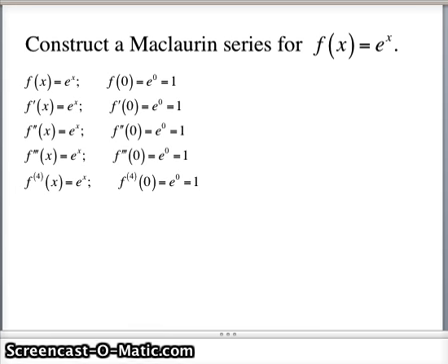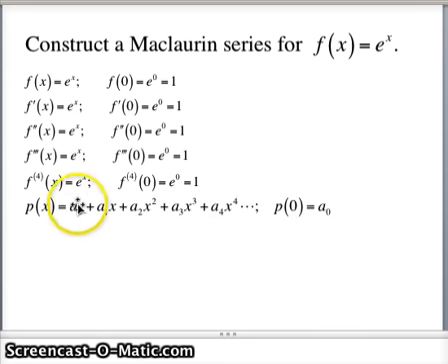Now our strategy is going to be to look at that Maclaurin series and solve for the coefficients by forcing the function f and the polynomial p to agree at 0 for all of its derivatives. So let me show you what I mean by that. Here's our polynomial p of x, a0 plus a1x plus a2x squared plus a3x cubed plus a4x to the fourth.